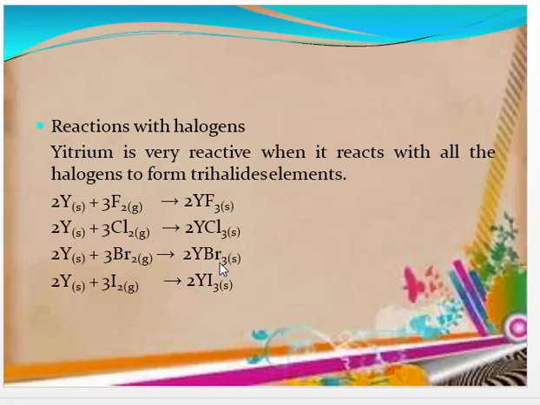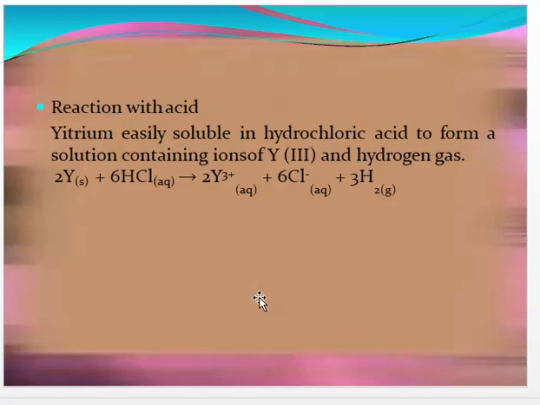Reaction with halogens. Yttrium is very reactive and reacts with all the halogens to form yttrium 3 halides. Reaction with acid. Yttrium is easily soluble in hydrochloric acid to form a solution containing yttrium 3 ions and hydrogen gas.